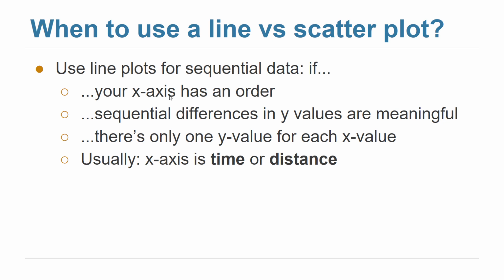We didn't take a value when the number of movies is 20, and then another value when the number of movies is 21, and then 22 and so on. We didn't do that, right? So the values on the x-axis don't have a sequential meaning. Also, of course, the difference in y values has no meaning.